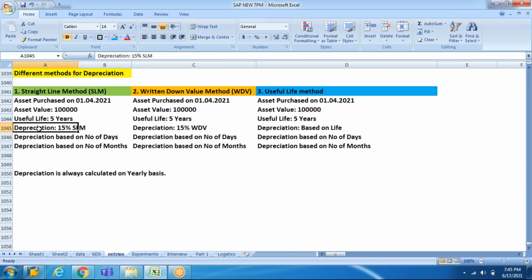This 15% is for the year. So always you'll have to calculate a depreciation for the whole year and then arrive at the depreciation for a particular month, either based on number of days in a year or based on number of months in a year. There are two ways or two methods to arrive at the monthly depreciation. So one is based on the number of days in a year or based on the number of months in a year. So these two will result in a different number for a month, but at the end, for the overall 1 year, you will get the same figure, right?